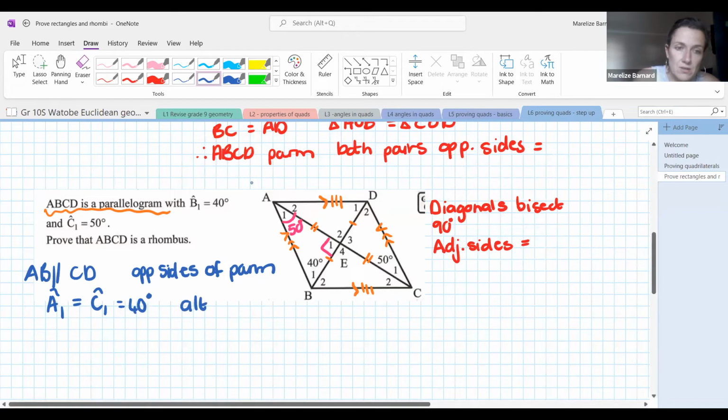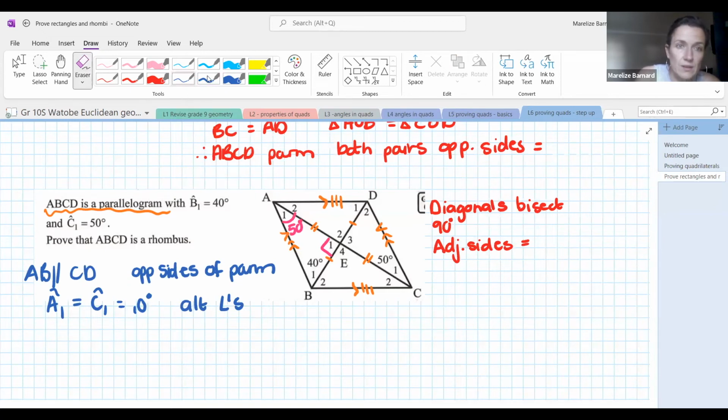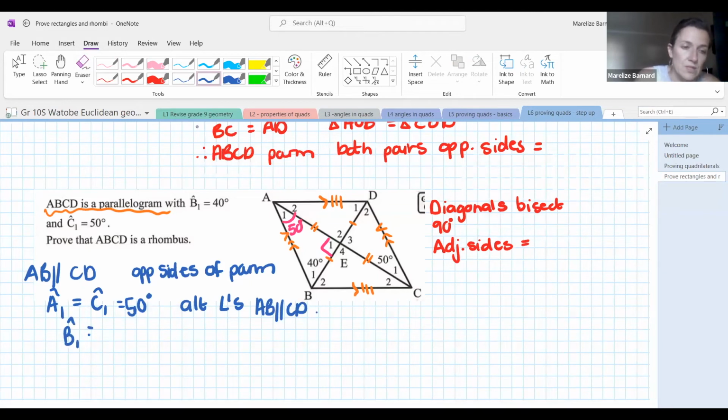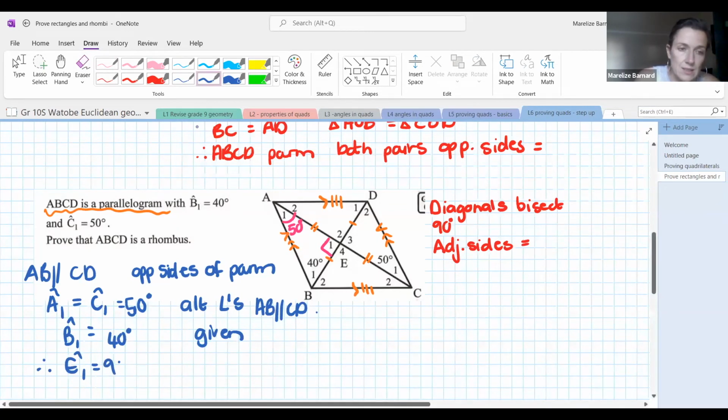Alternate angles, 40. Thanks, I'm looking at the 40. Alternate angles, AB parallel to CD. B1 is 40, it's given. Therefore, E1 is 90. Angle sum of triangle.